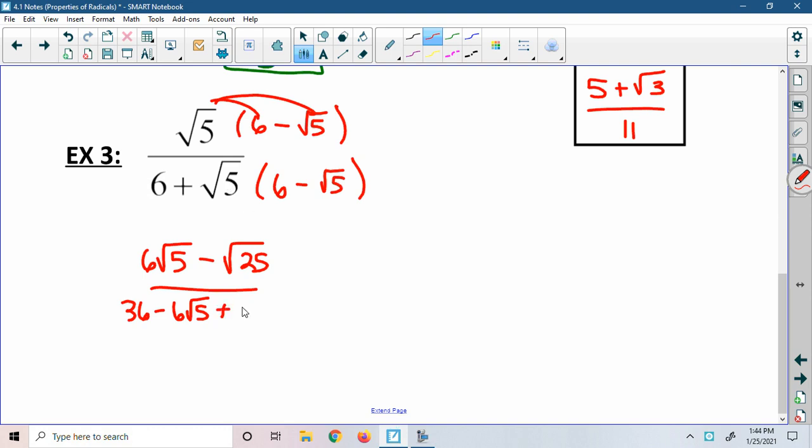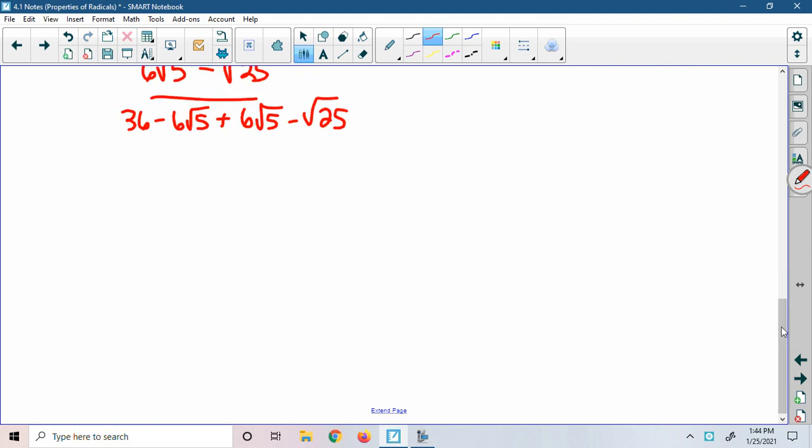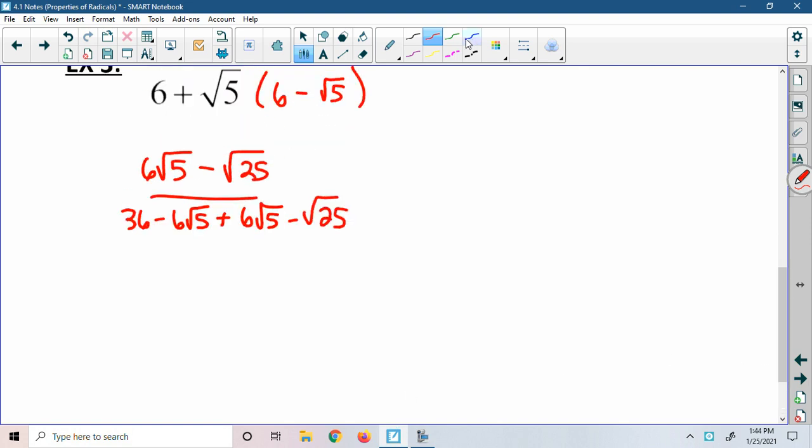Inside and last. Hopefully everything on the bottom will simplify the way we want it to. Those middle terms do look like they cancel, which is what we want. That last term, the square root of 25, we know is just 5. So 36 minus 5 is 31.